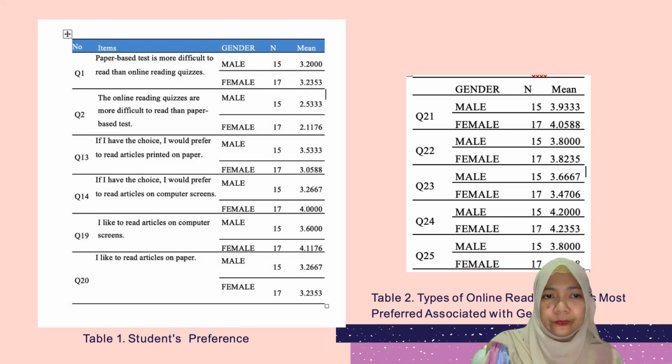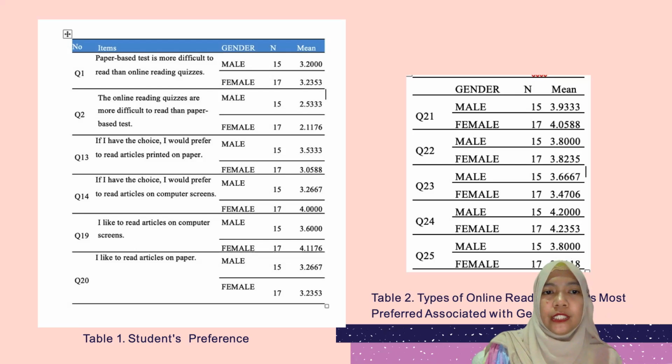And then in Q13 and Q14, about which one they prefer to use, computer screens or printed paper, the highest score here is that they choose computer screens. Yes, 4 points here. Female students choose computer screens rather than printed paper.